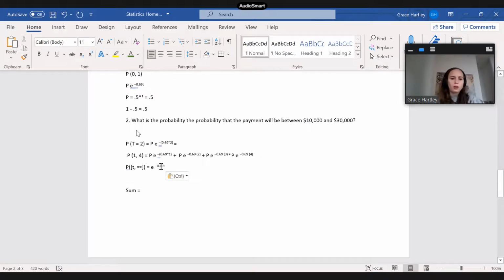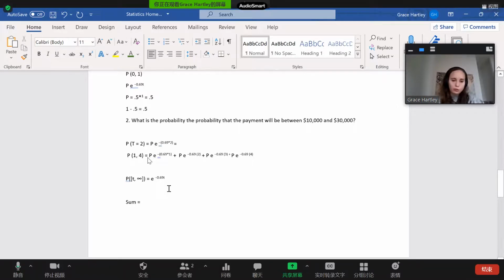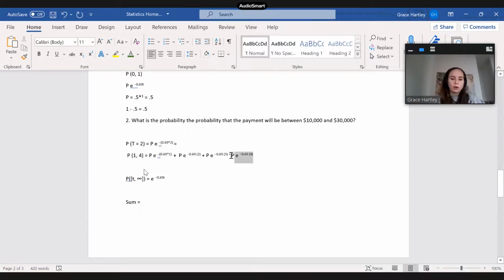But we don't know what T is here. What do you mean? How would I calculate? I don't know what you mean. Okay, I'll let you write it first and then you'll understand.